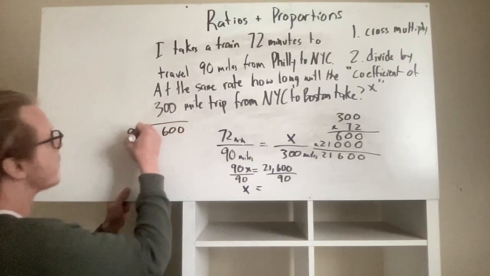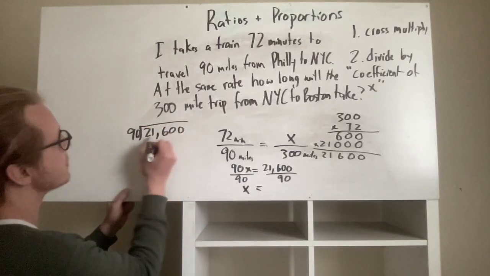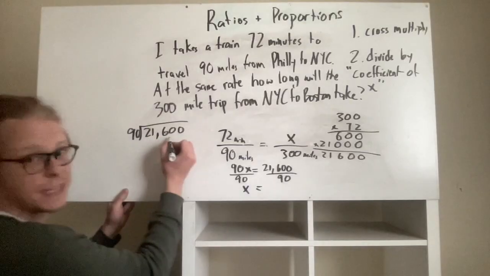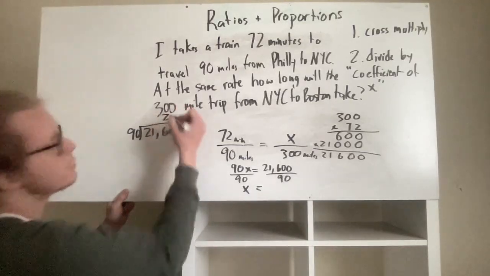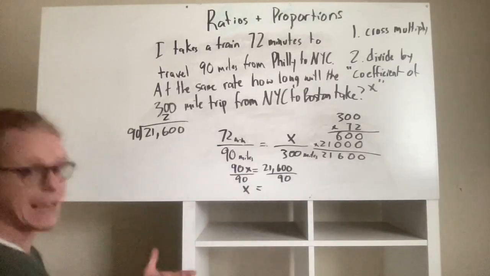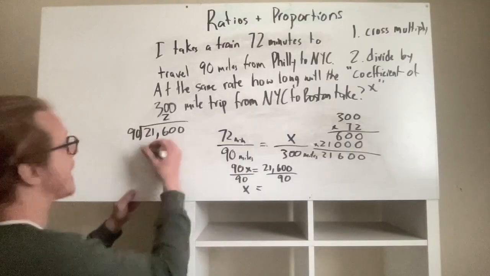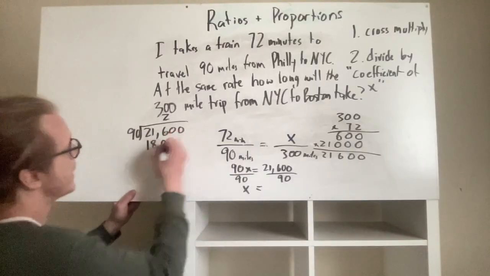21,600 divided by 90. Okay, can 90 go into 21? Nope. 216? It can. It can go in 2 times, right? Remember, if I know my 9 times tables, I also know my 90 times tables. 2 times 9 is 18, so 2 times 90 is 180.